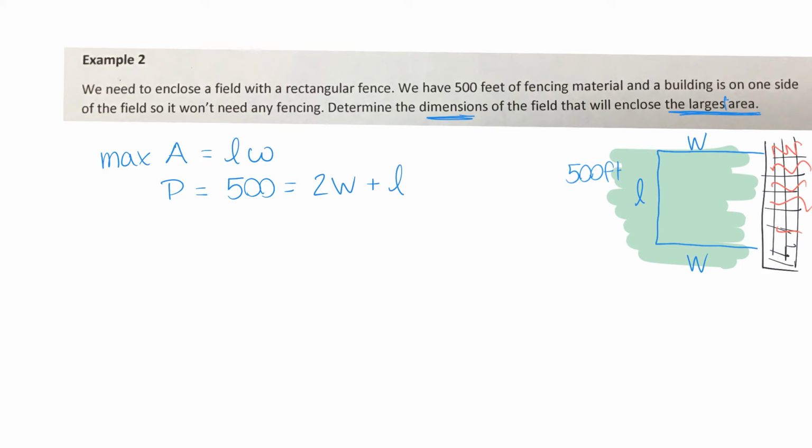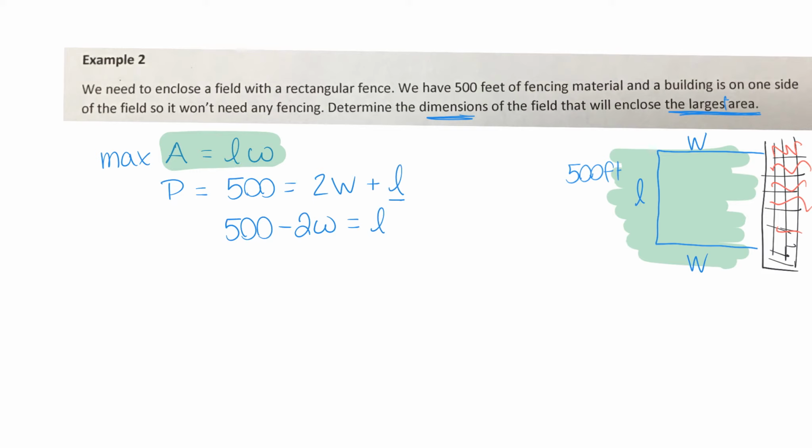Okay, are you back? Okay, cool. All right, so our next move is, remember, this is what we're trying to maximize. We're trying to maximize this guy. So we're going to take our perimeter and rearrange it, and I'm going to solve for L. So I'm going to have 500 minus 2W equals L. And the reason we're doing that is so we can substitute it in and then only deal with one variable.